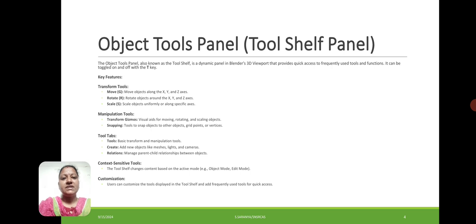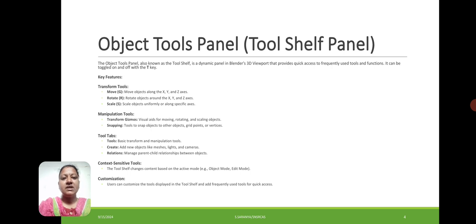Manipulating tools. Transform gizmos, visual aids for moving, rotating and scaling the object. Snapping. Tools to snap objects to other objects, grid points or vertices. Next is tool tabs. Tools, the basic transform and manipulation tools. Create, add new objects like meshes, lights and cameras.